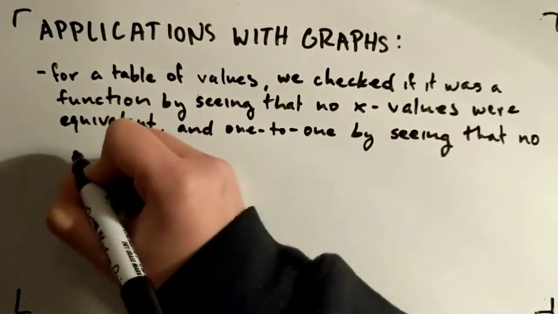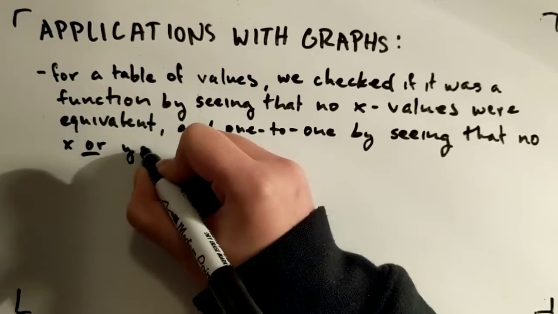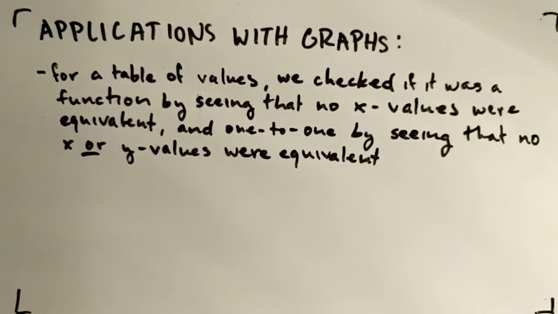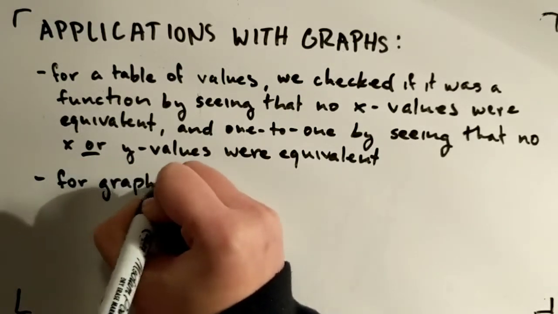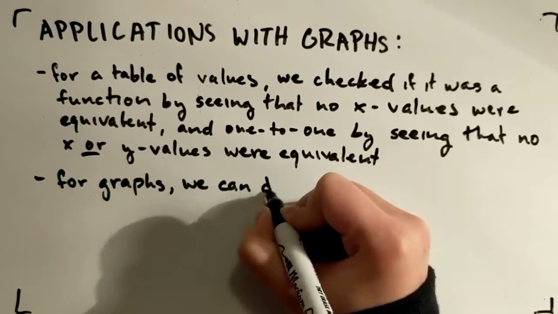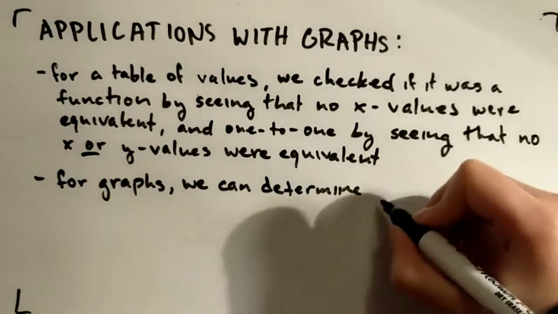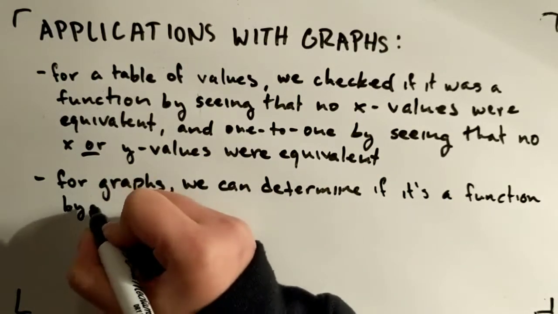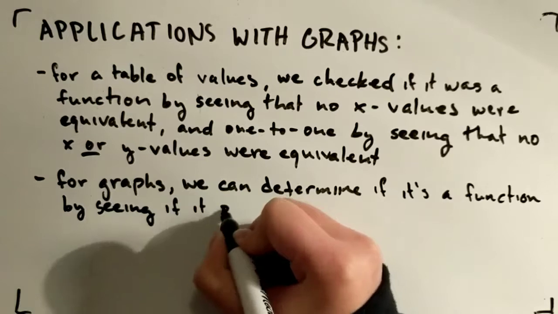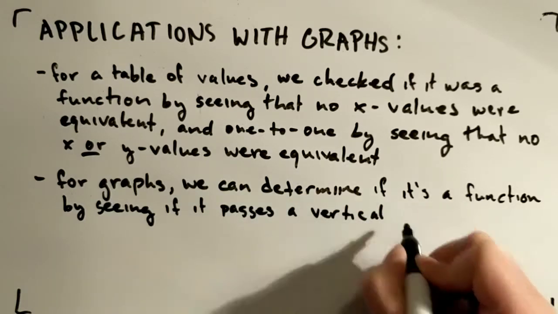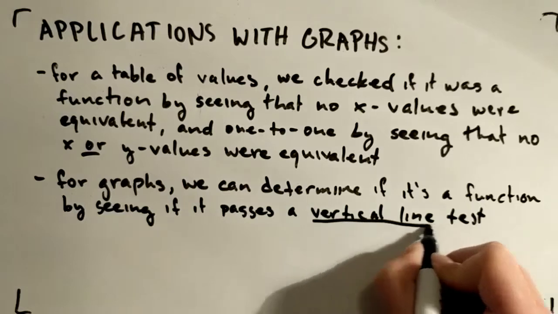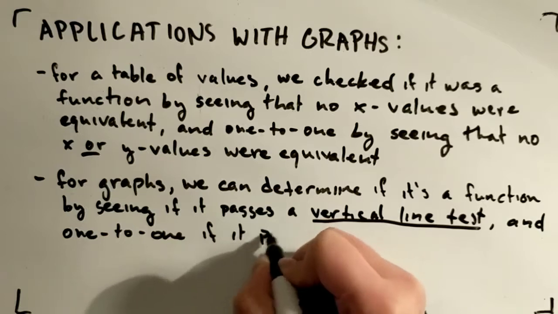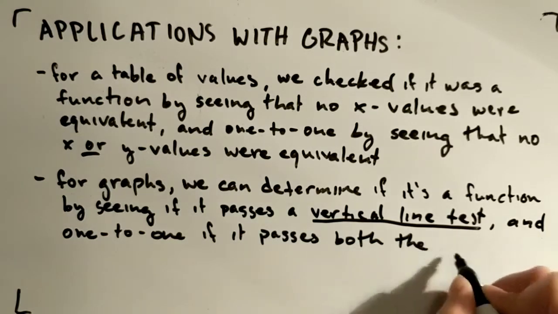And we checked if it was a one-to-one function by making sure that no x values or y values were repeated or equivalent to each other. For graphs, we can determine if it's a function by seeing if it passes a vertical line test. This is a test where if you put a vertical line anywhere on the graph, it will only touch it in one spot at a time, no matter where you put the line.